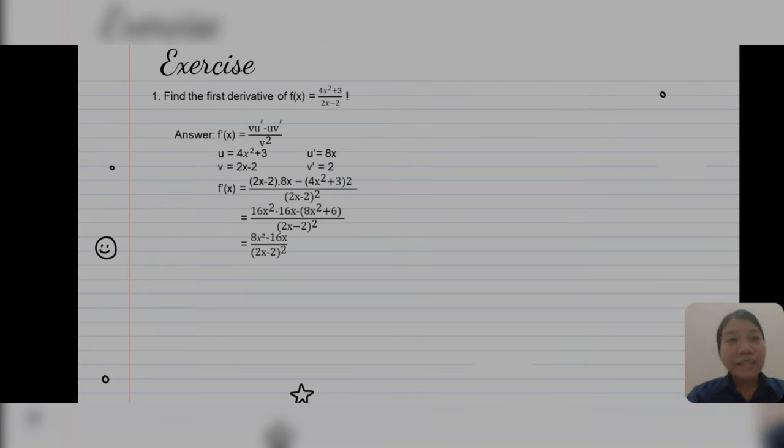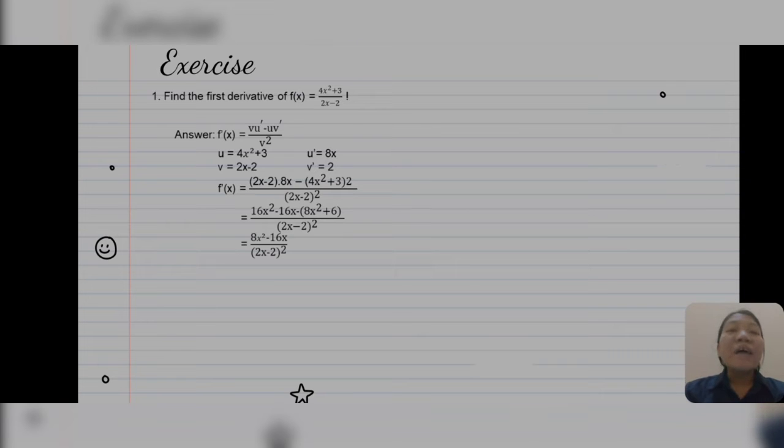The first exercise of function derivative. Find the first derivative of f open parenthesis x close parenthesis equal 4x squared plus 3 per 2x minus 2. And at here we use the derivative quotient rules.